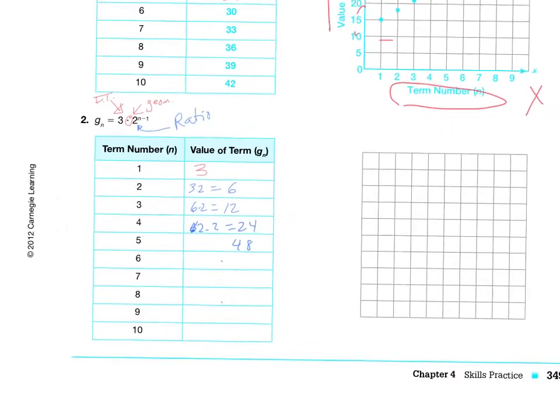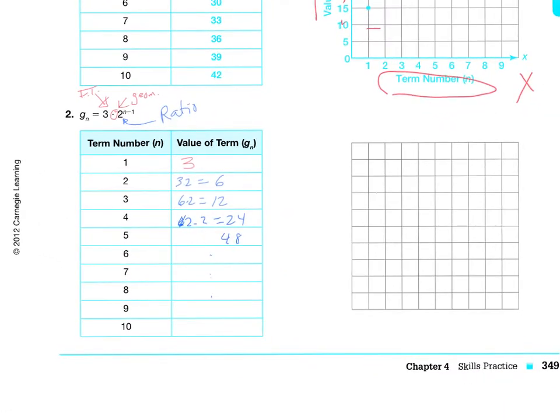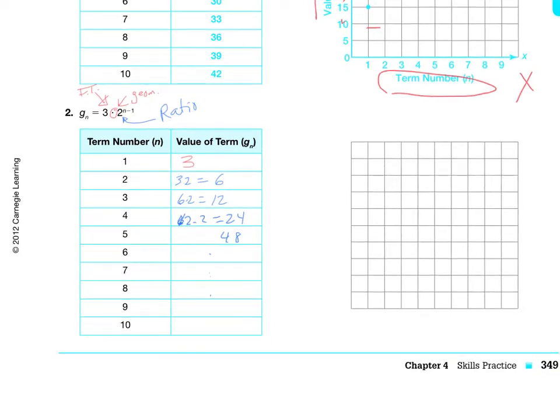And then you want to graph this. Now, the numbers are getting really large. How can we do this? Let's look at this. There are 10 grids here. And let's see how big the numbers get. Double that, 96. Double that, 192.